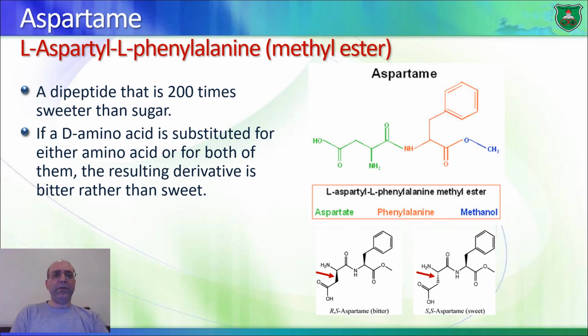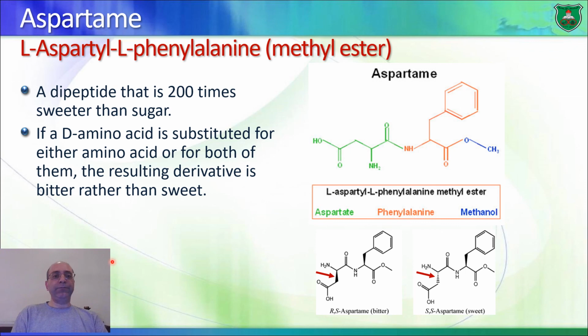Now, another important peptide is known as aspartame. Aspartame is an artificial sweetener, and it's used as a substitute for sugar. Now, aspartame is made of two amino acids, and these are known as aspartate and phenylalanine. Now, one important feature is that it has methanol at the end, at the carboxy terminus of the dipeptide.